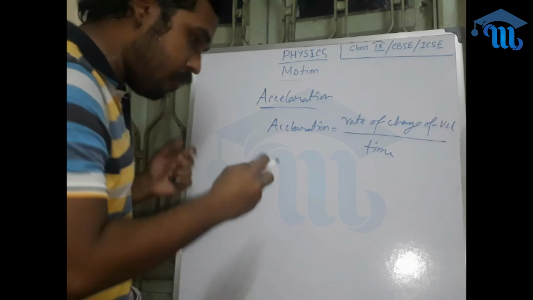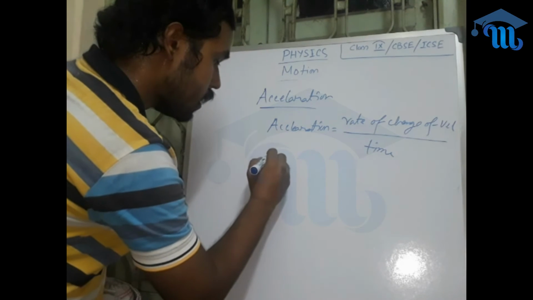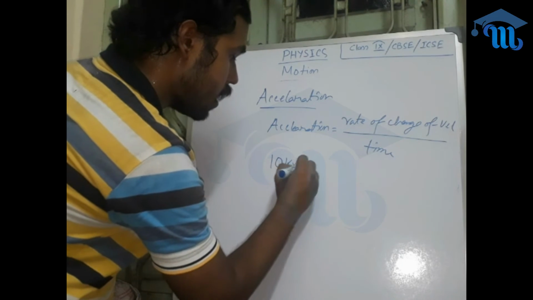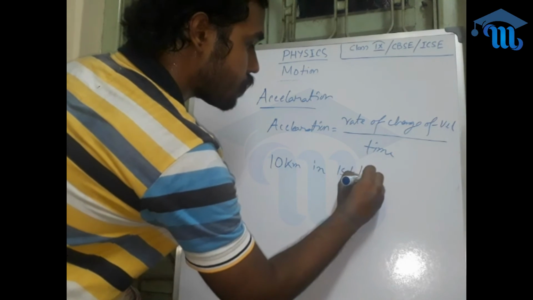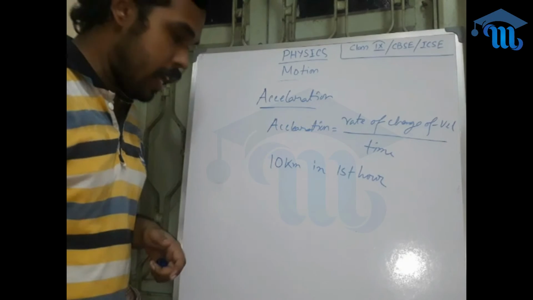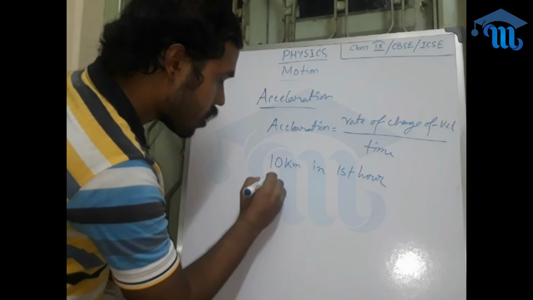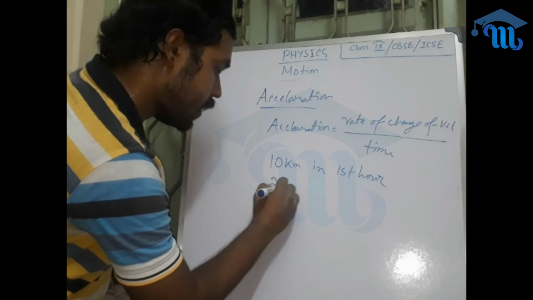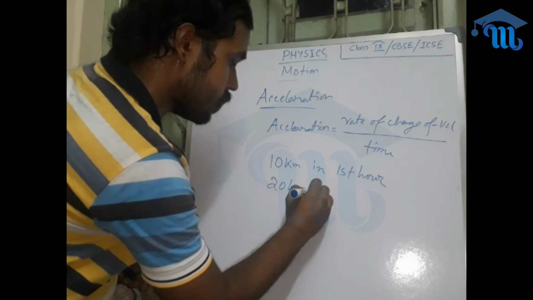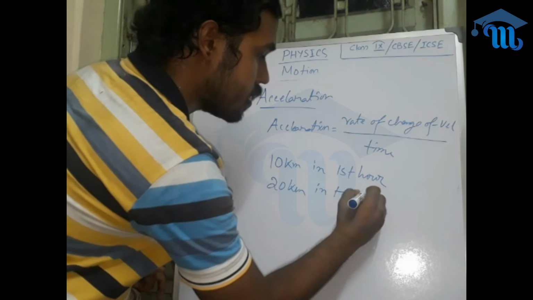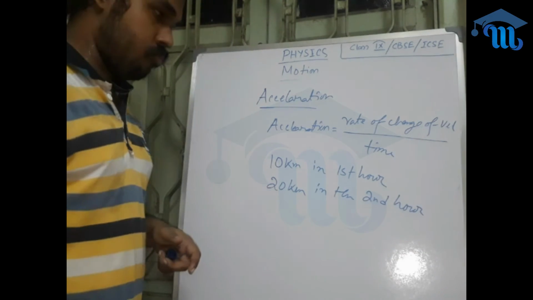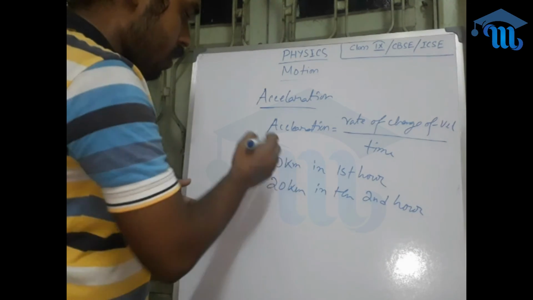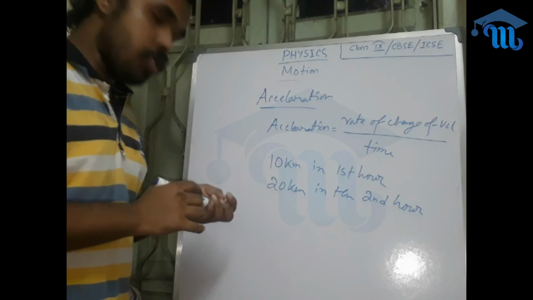Acceleration is that if a body is traveling 10 km in the first hour, and then it travels 20 km in the second hour. For the first hour it travels 10, and then in the second hour 20 kilometers.